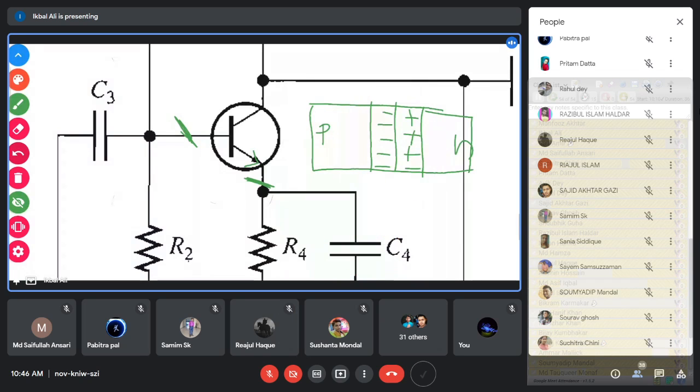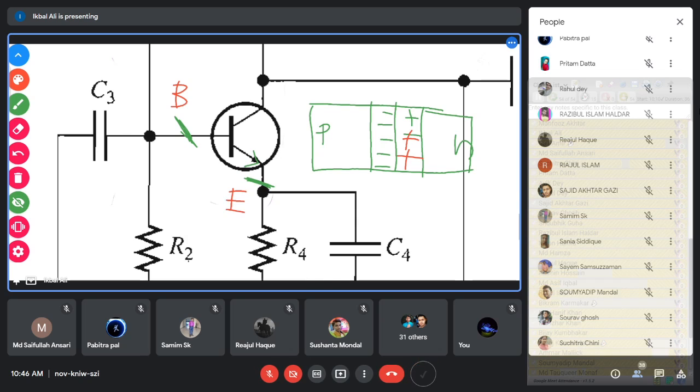Okay, now you see what happens when we consider the capacitance of the PN junction in the transistor. So these are your junction capacitances, plus charges are there. This point is your base, and this point is your emitter. So this is your base emitter.